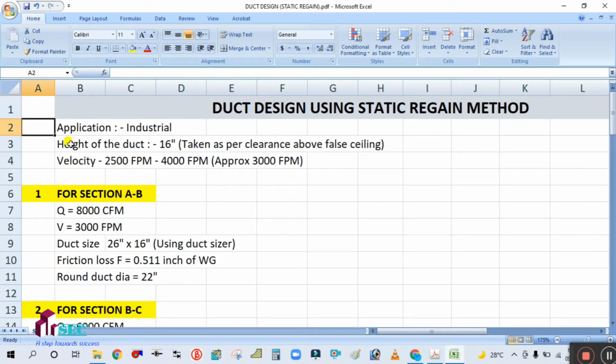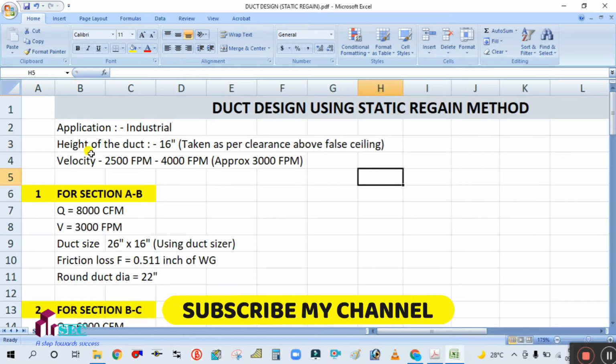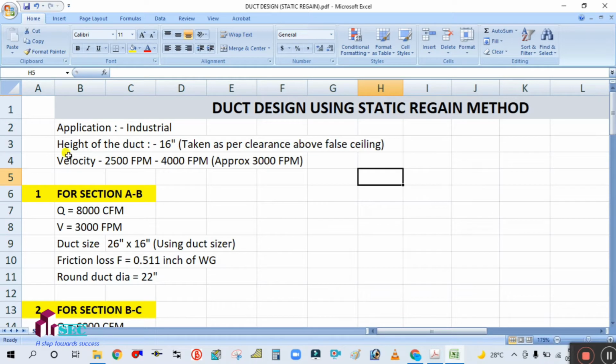The height of the duct we assume is 16 inch, taken as per the clearance above the false ceiling. If there is a false ceiling, you can assume the height as per the clearance. For velocity, for the static regain method and industrial purpose, we use 2500 fpm to 4000 fpm. Approximately we consider 3000 fpm. fpm is nothing but feet per minute.